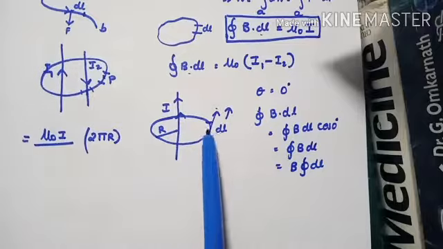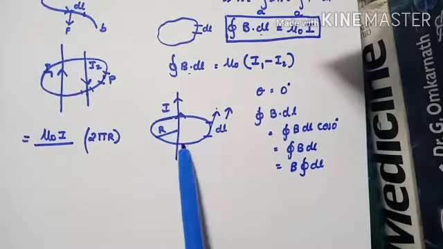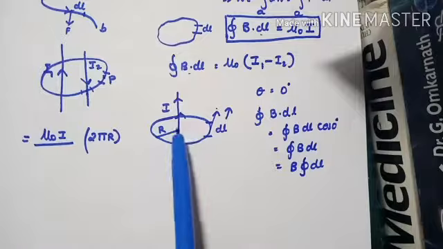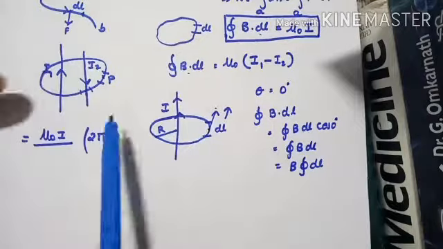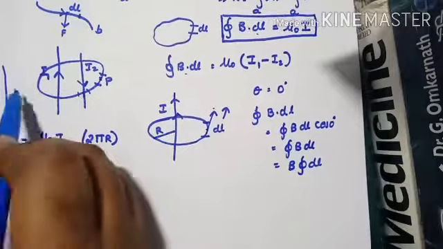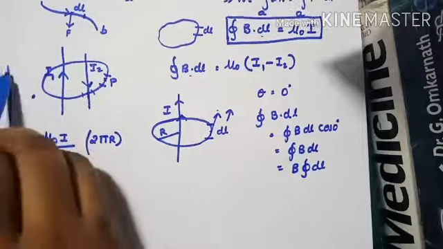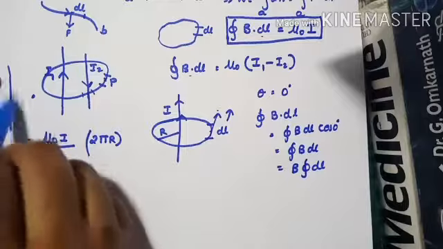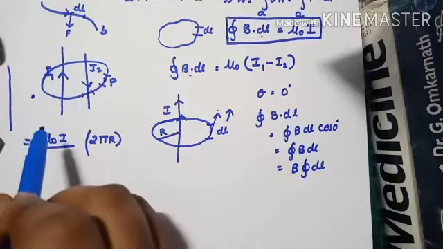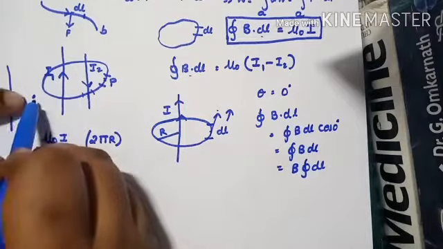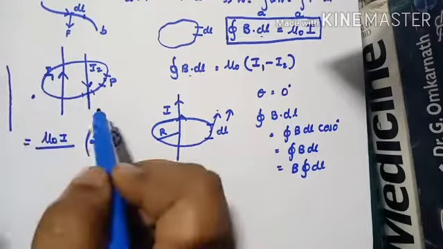I am finding the magnetic field at this point. Suppose this is the current carrying conductor and this is a point P. I am not mentioning anything about the length of this wire, so that means it's an infinitely long wire. What is the magnetic field at any point due to an infinitely long wire?